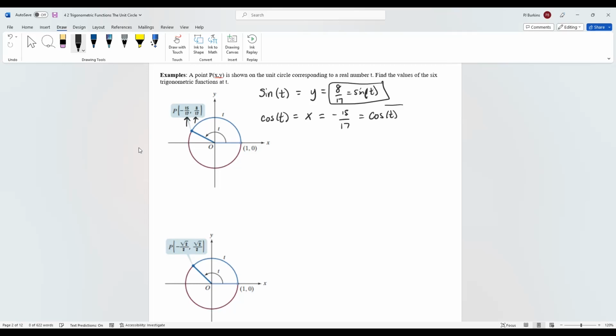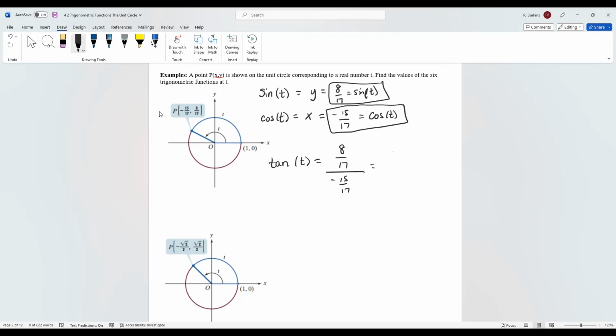And if you wanted, we could just make sure that this point does lie on the unit circle. We could square both of these numbers, add them together, and take the square root. So if you'd like to do that, go ahead. We have sine, cosine. We know that tangent of some angle t is the y-coordinate divided by the x-coordinate. So that's 8/17 all over -15/17.